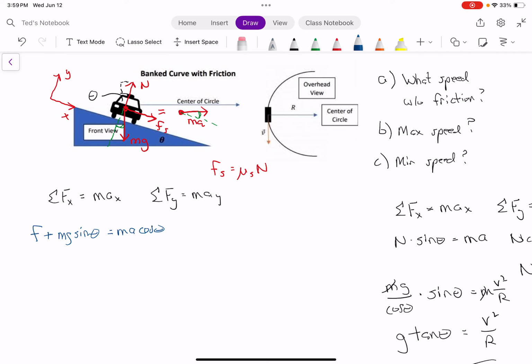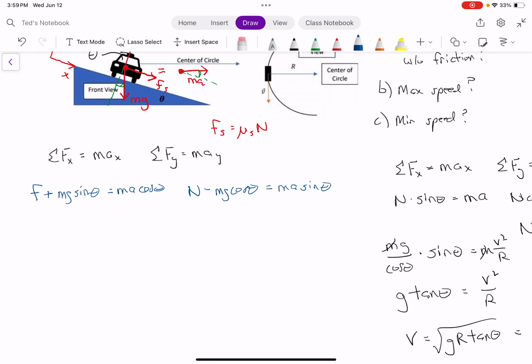Okay, and in the y direction, I have a normal force minus mg cos theta, because a component of gravity points in the negative y direction, is equal to ma sine theta.